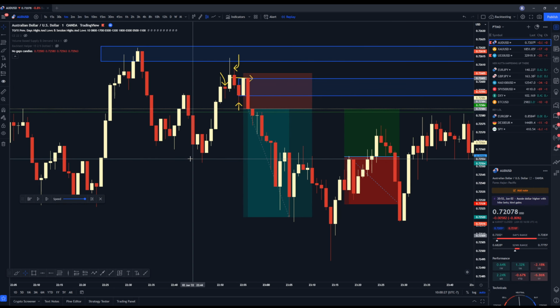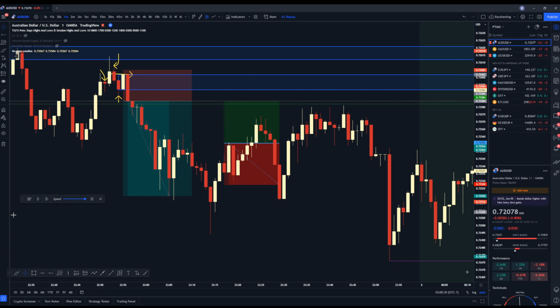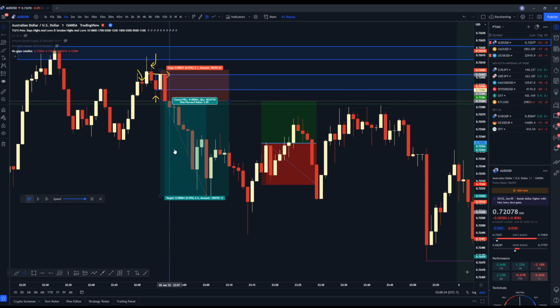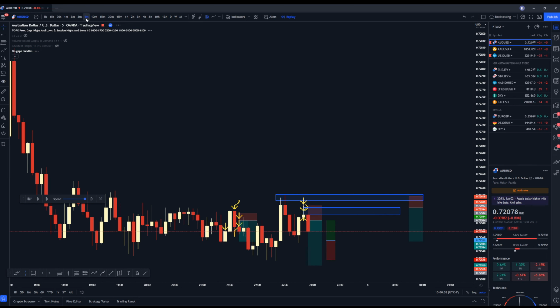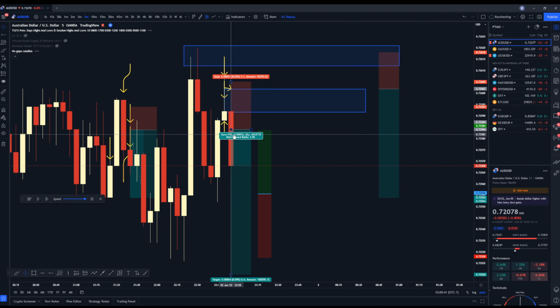And one thing to note is that I didn't learn this till later, but these quasis are actually like engulfing candles on higher time frames. So if I did this here, I bet we would see an engulfing candle on like a 5 minute or something. Yeah, so there you go. So basically what the quasi is, it's forming a turning point in the market.